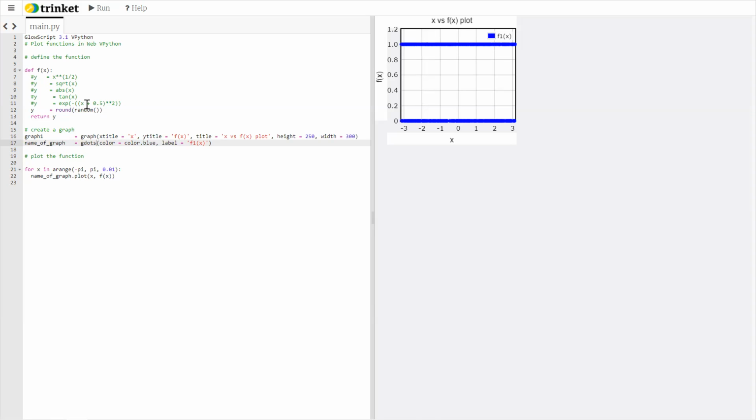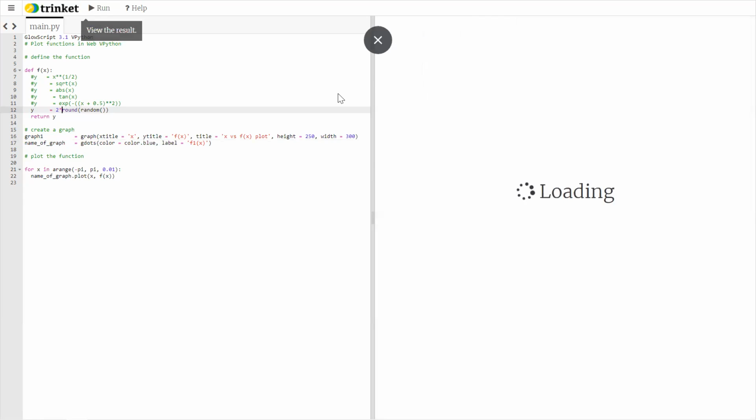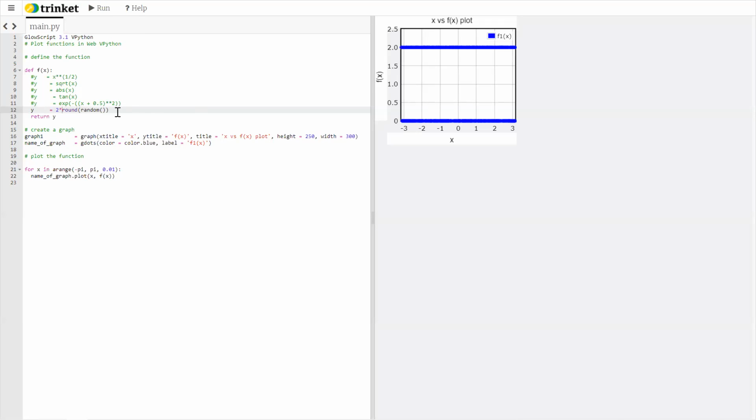So if we want a random variable which will take binary values negative 1 and 1 instead of 0 and 1, what we can do is multiply this by 2. By multiplying this by 2, we have 0 and 2 as values.